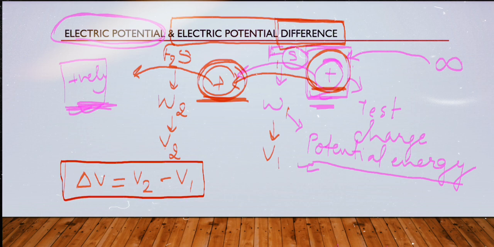So students, here we have two definitions: for electric potential, work is done to bring the charge from infinity to one point, and for electric potential difference, work is done to bring the charge from one point to another point. Clear? So this is the only difference between electric potential and electric potential difference. Okay?